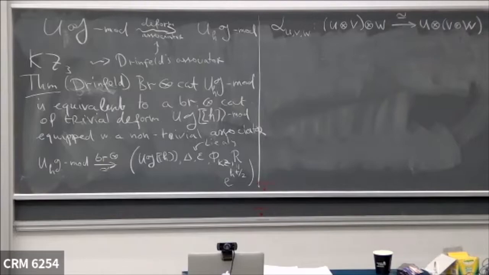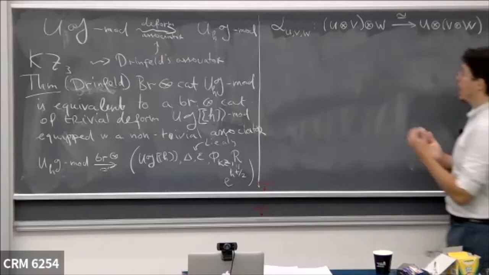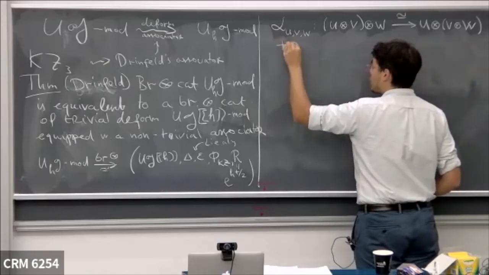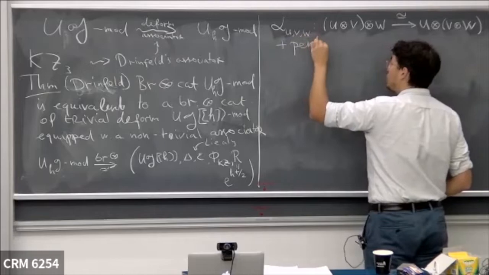You want some coherence conditions on this isomorphism. This is required by the fact that, for example, if you have longer words with some bracketing, say from the left, and you want to construct an isomorphism to the same word but with bracketing on the right, there might be many ways to do that, and you want them all to be equal. This is guaranteed by the pentagon equation. So this family should satisfy the pentagon equation.